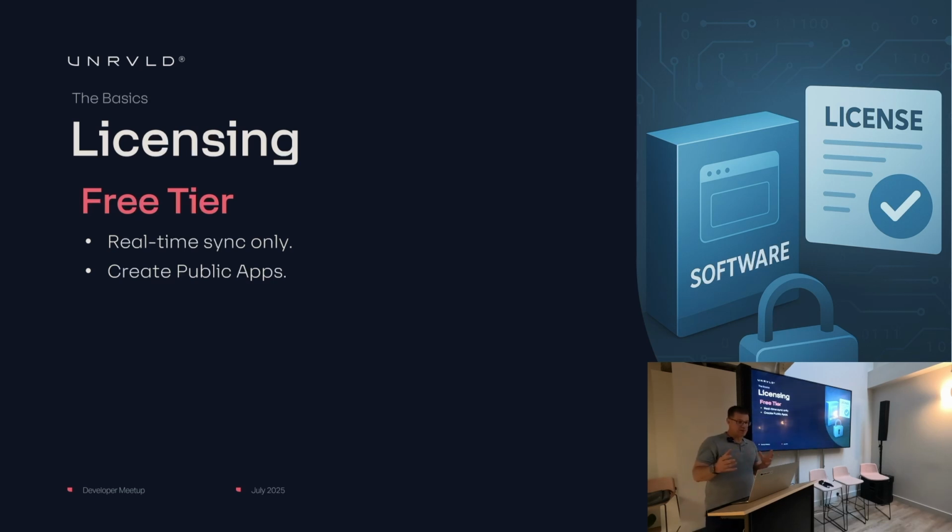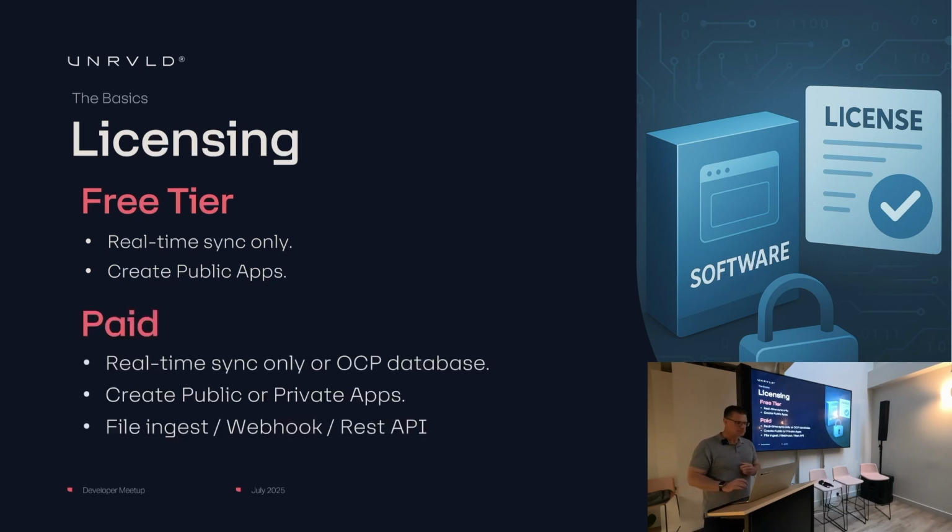There are going to be two licensing models, and I'll get into the differences, but at a high level, there is a free tier, which gives you real-time syncing, and you are able to create your own public apps. Then there's the paid model.